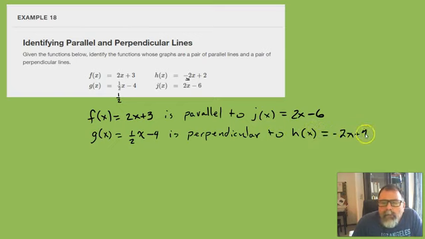And again, you just run the test. If the slopes are equal, then it's parallel, but you also have to check that they have different y-intercepts, that they're two separate lines. And if the slopes are negative reciprocals, or if you do 1/2 times -2, you get -1, then that's perpendicular.